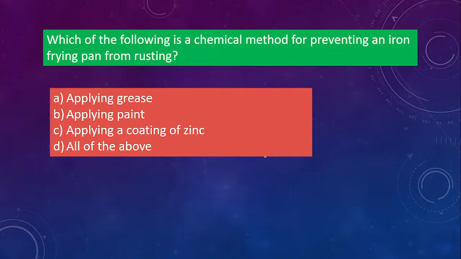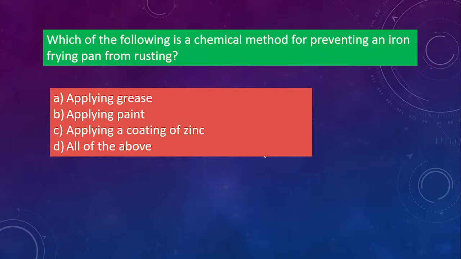Which one will be the answer? Option C. All are going for option C.